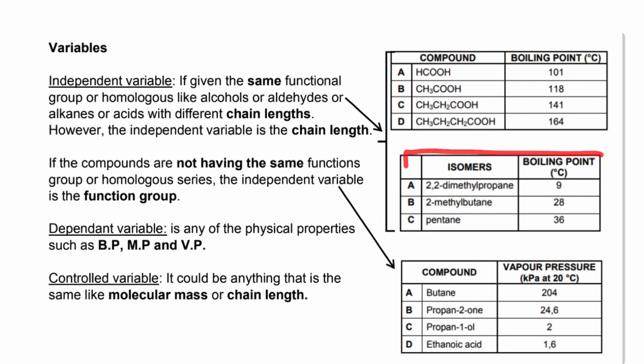Now let's look at this one. Here, we are given the boiling point again, which is the dependent variable. But here we are given the isomers. The isomers differ by their structure. So if you look here, what makes them different?